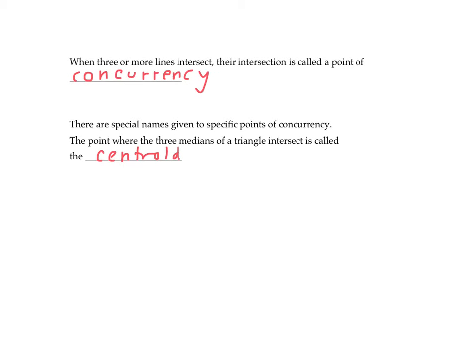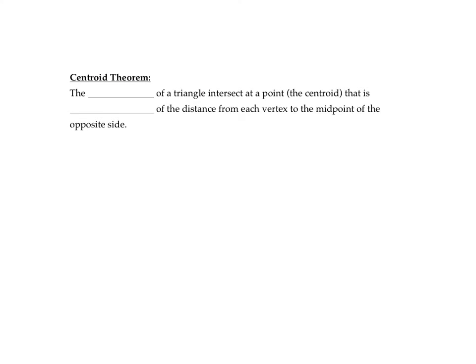And that's hard to read, so let's try that again. It's spelled C-E-N-T-R-O-I-D, centroid. So next we're going to talk about a theorem that relates to the centroid and the medians of a triangle.